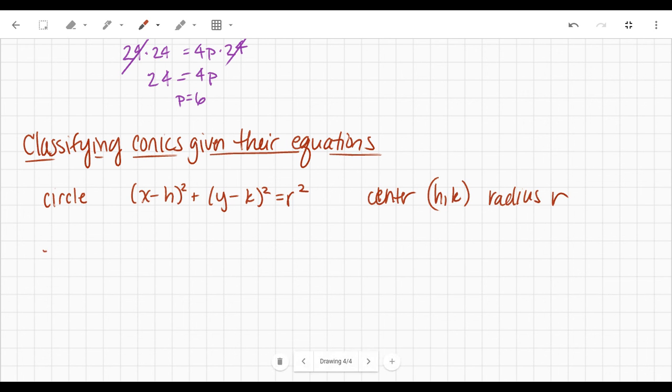An ellipse is kind of like a circle with two different radii, if you think about it. One radius in the horizontal direction, one radius in the vertical direction. So think about dividing that entire circle equation by r squared, right? Then you'd have a 1 on the right-hand side, but now it's a different r depending on if we're in the x's or the y's.